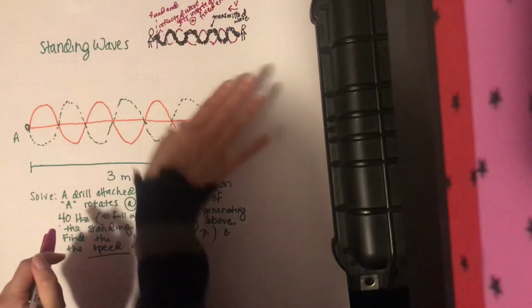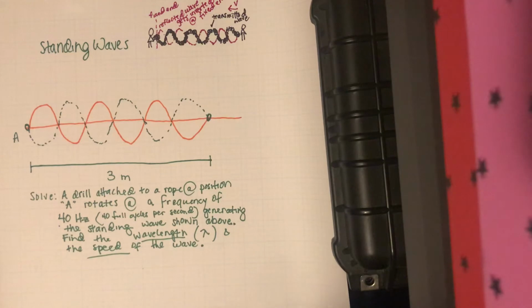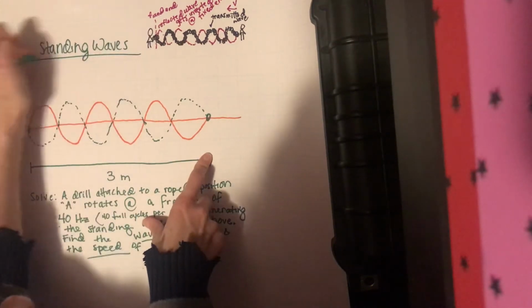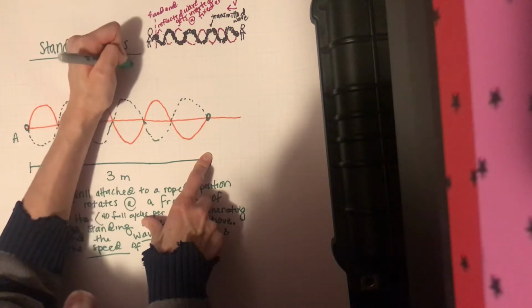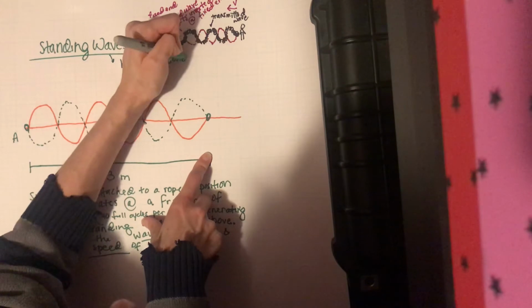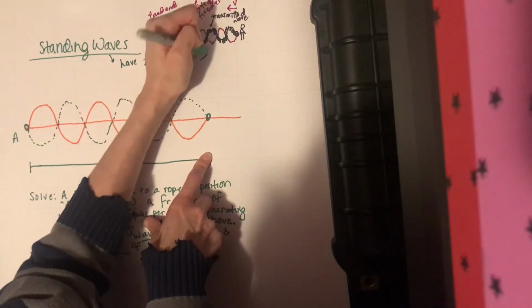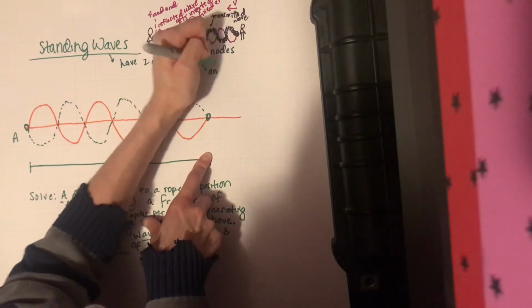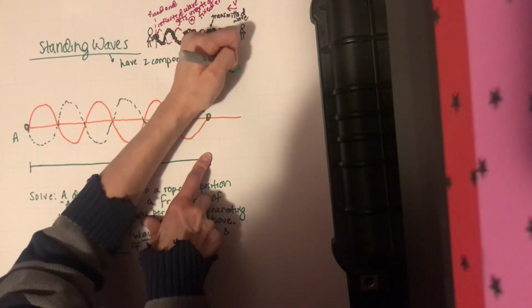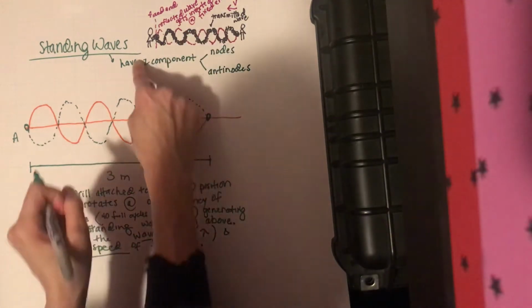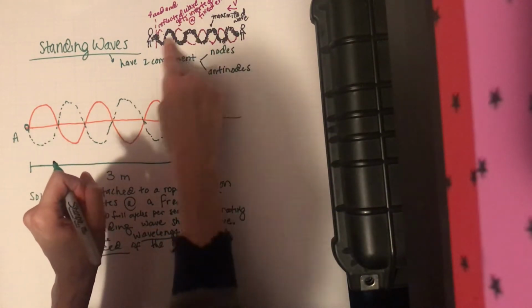Okay. So this produces a standing wave. And a standing wave has two components. They have nodes and they have antinodes. Well, the whole reason that a standing wave occurs is because you have wave interference happening.